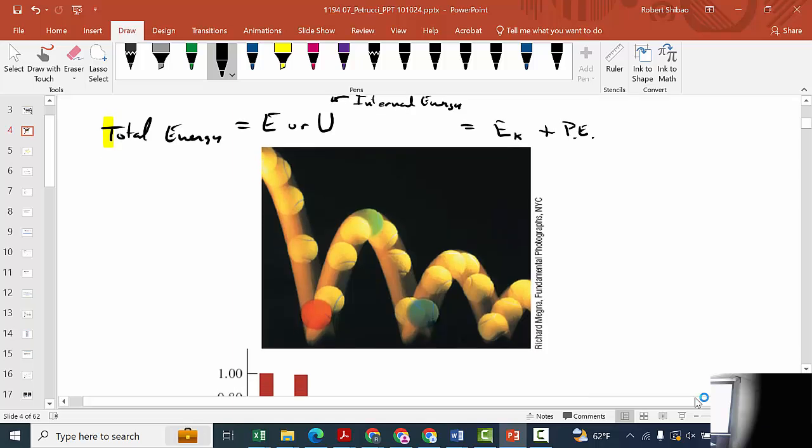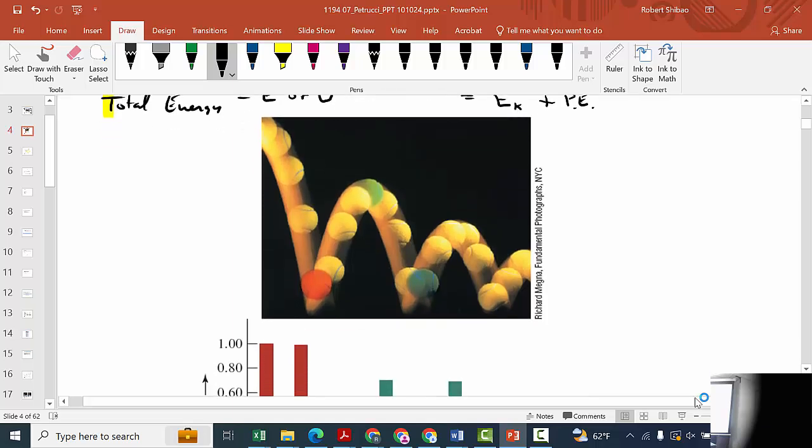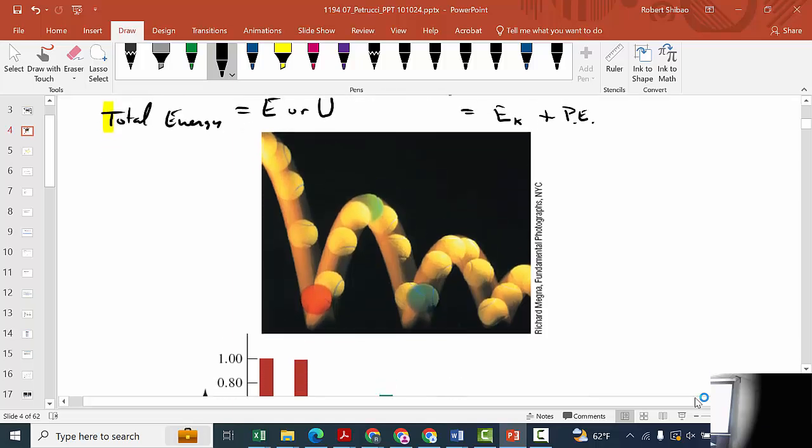And so this is just not a drawing, but a photograph here showing this happening. When we start out right at the beginning, what's the energy of the tennis ball up here? Let's say we just have a tennis ball sitting here, not moving. We haven't dropped it yet.